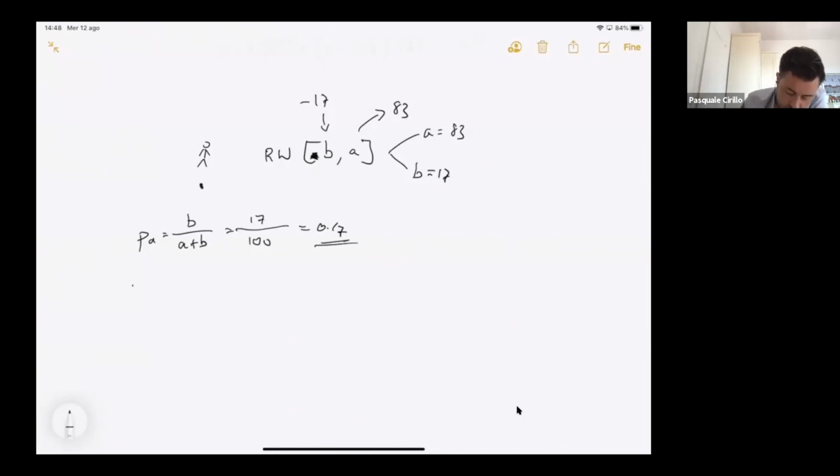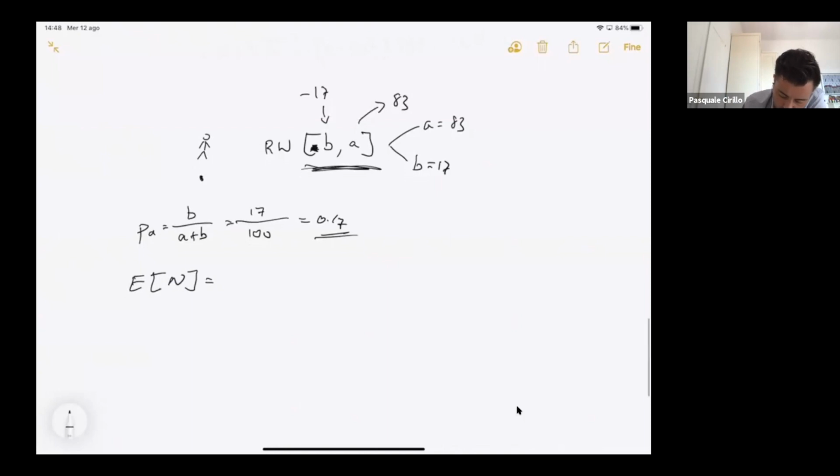And if you are interested, conversely, in knowing the expected number of steps the drunk man will need to exit when the random walk is between minus B and A, this quantity is equal to A times B. And in fact, in our situation, 83 times 17 is 1411.